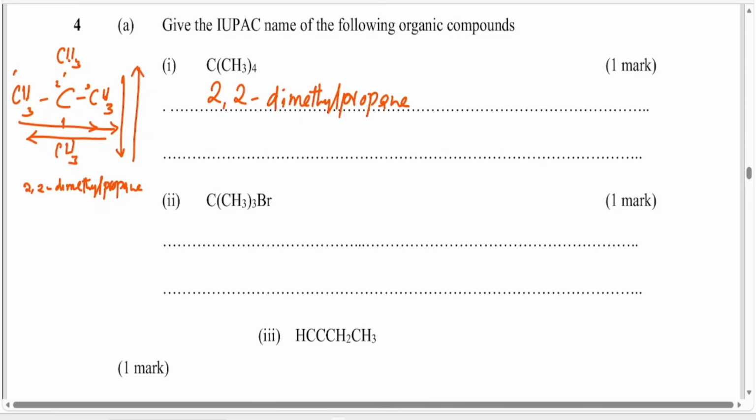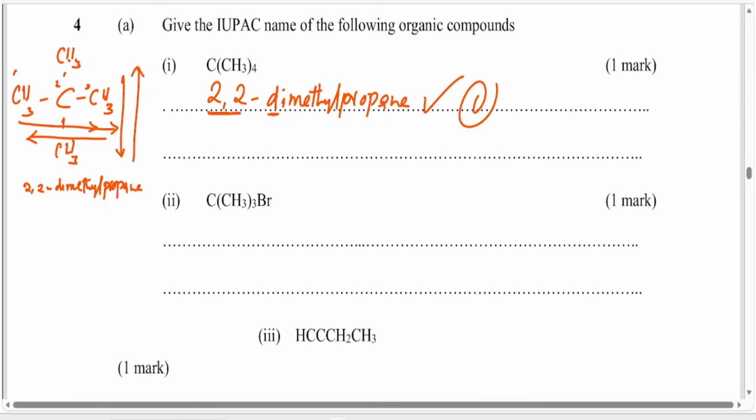Take note that whenever you start with anything back here, this letter should be small letter. The numbers are separated by a comma, and the numbers and the letters are separated with a hyphen, and this gives us 1 mark.